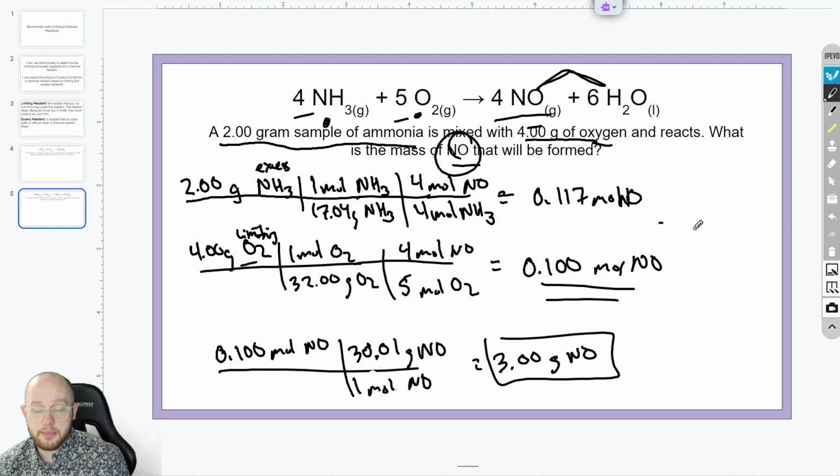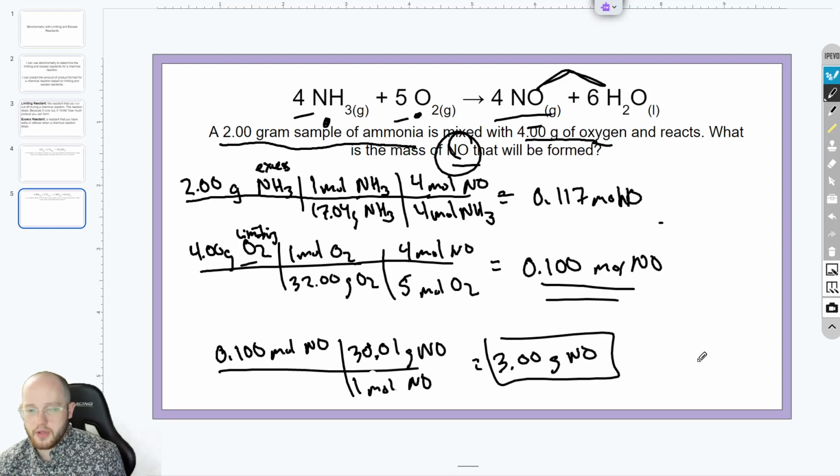The limiting limits how much you get and causes you to get the smaller number. So oxygen, in this case, caused me to get the smaller number, so it is limiting. Ammonia, NH3, caused me to get the bigger number, so that is in excess.